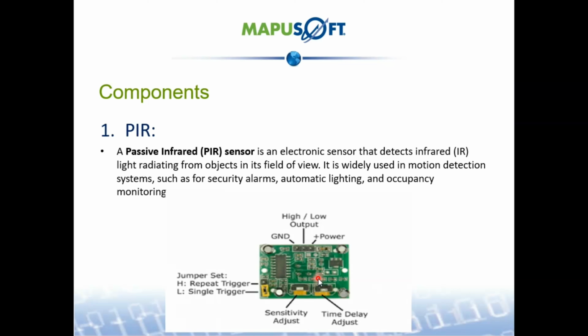For instance, they can dynamically adjust how long the door stays open or control the sensitivity of the PIR sensor. Feedback like the current status of the door and sensor is available in real time, allowing quick adjustments for optimal performance. So now we're going to see the example workflow.